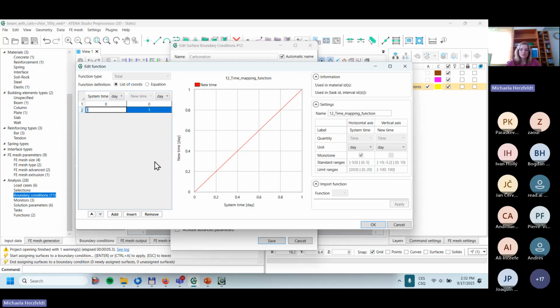And I already know that we are going to have 30 steps before we start any corrosion. So for the first 30 steps, we still have 0 time, because I mean the corrosion load case.